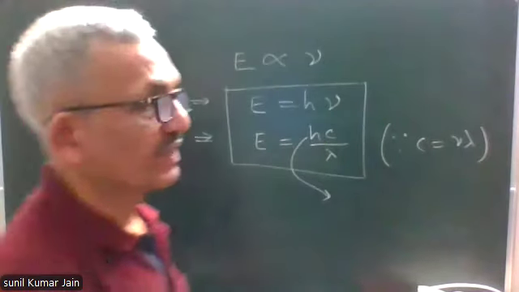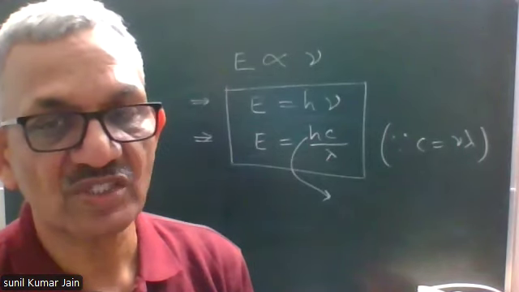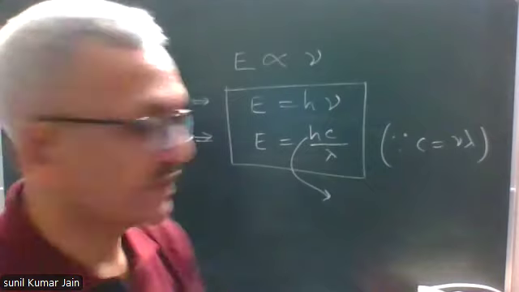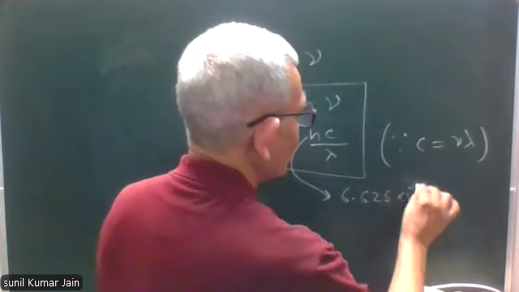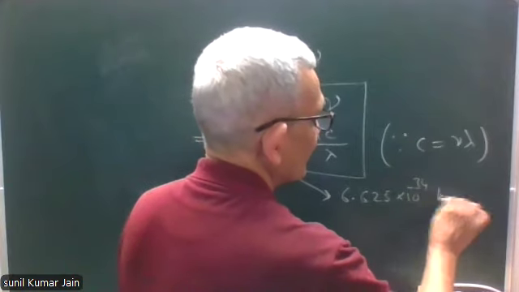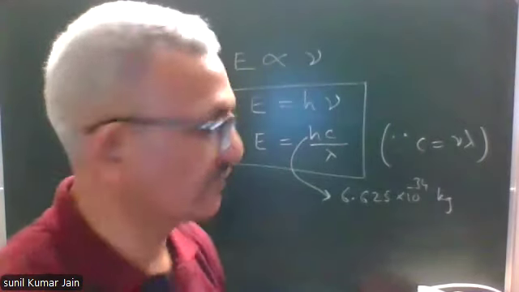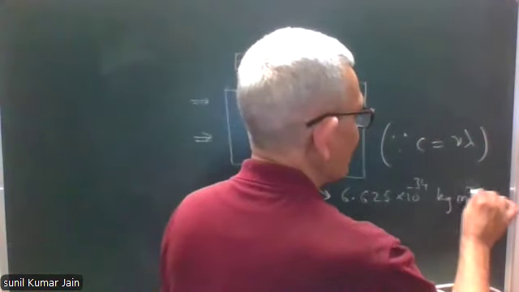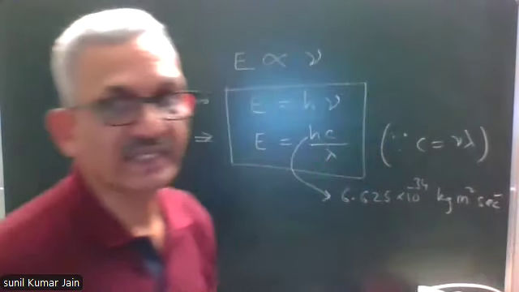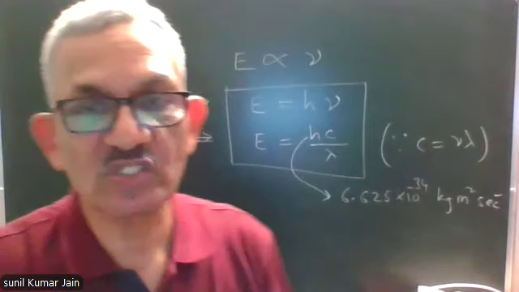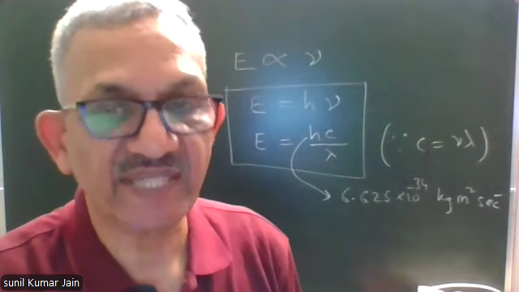Label h. This is called Planck's constant. Note down its value. It is 6.625 into 10 to the power minus 34 kilogram meter square per second.